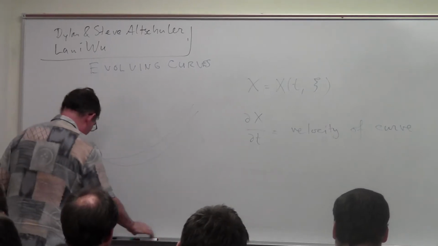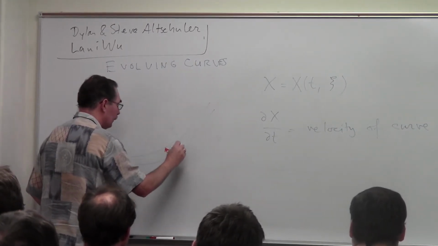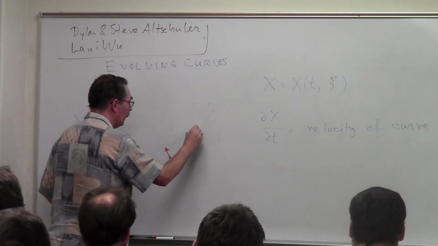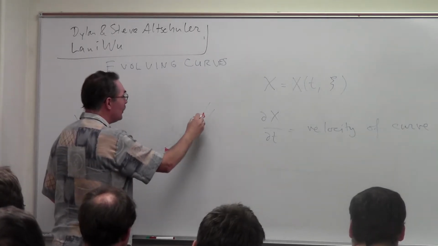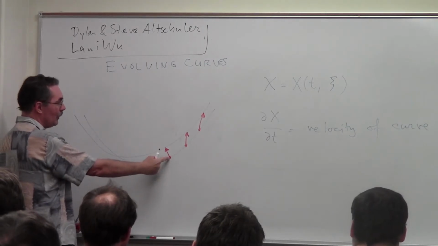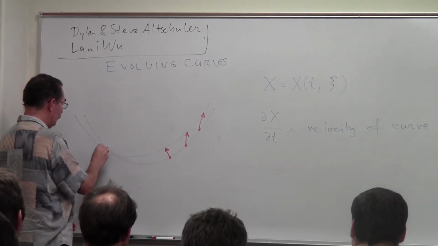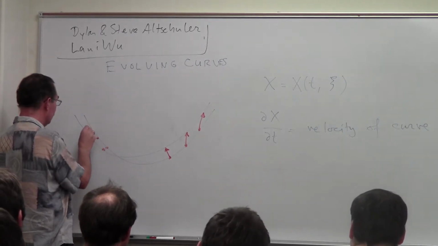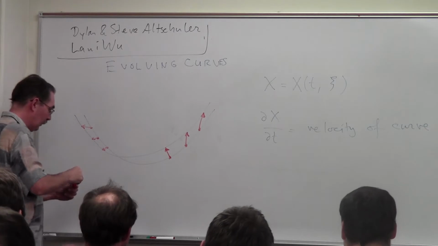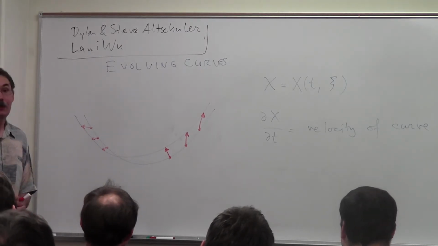In the picture, if you fix the parameter c, then as t changes, this point will move from this curve to the next curve, and so on. This velocity itself is not a geometrically good quantity.